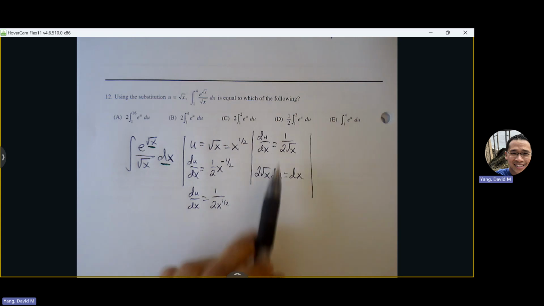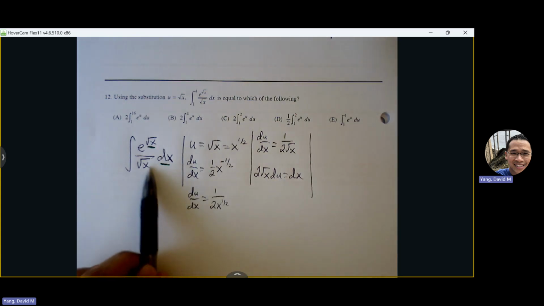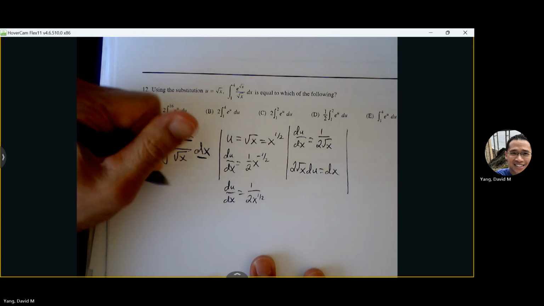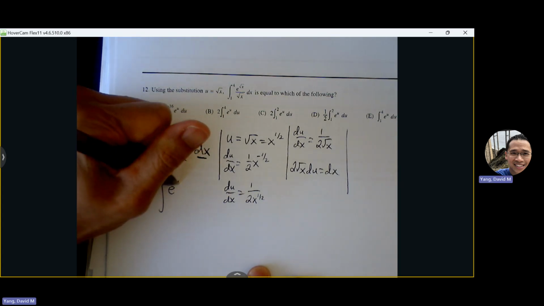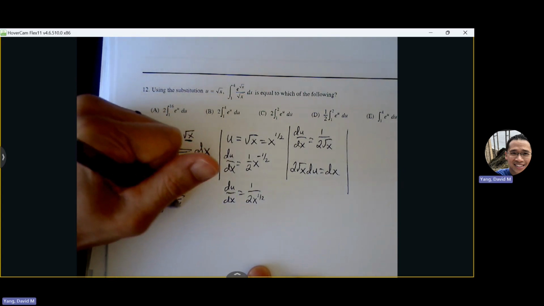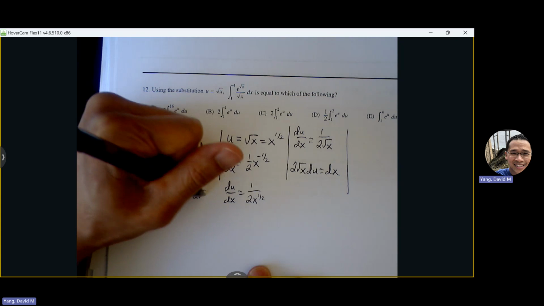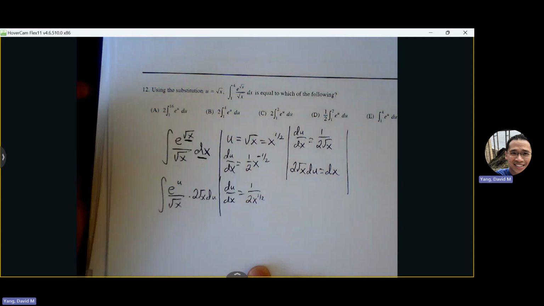Okay, so dx equals 2 root x du. We can make that substitution. So we get e to the u over root x times 2 root x du.